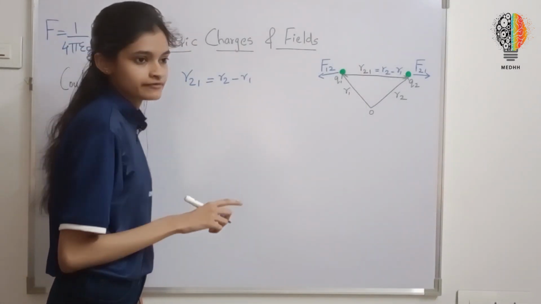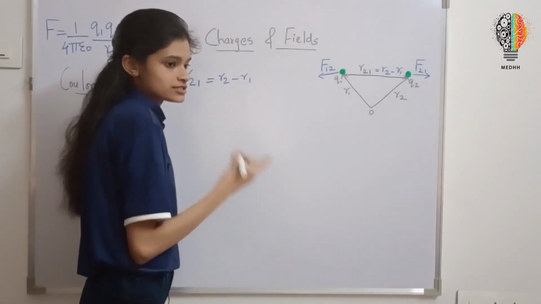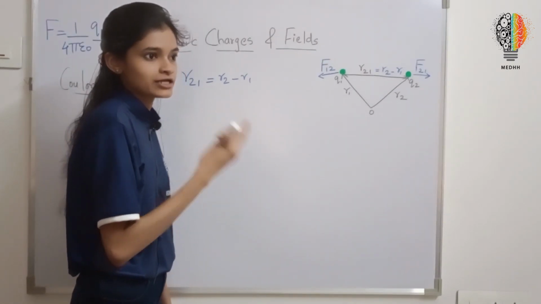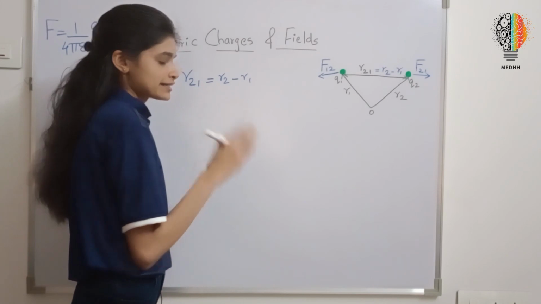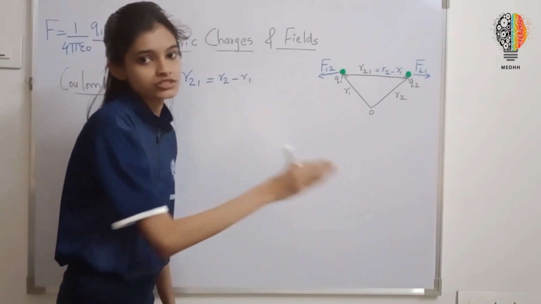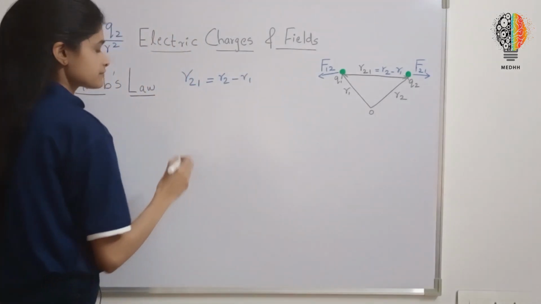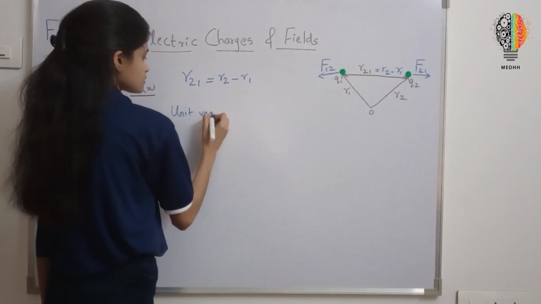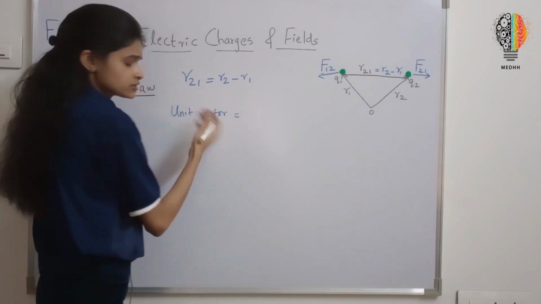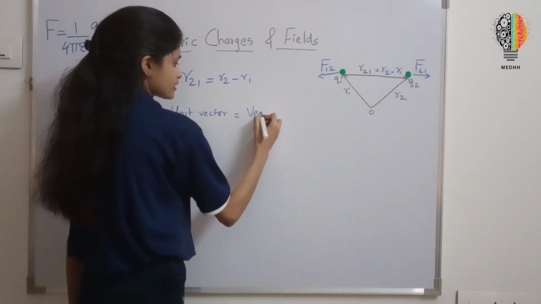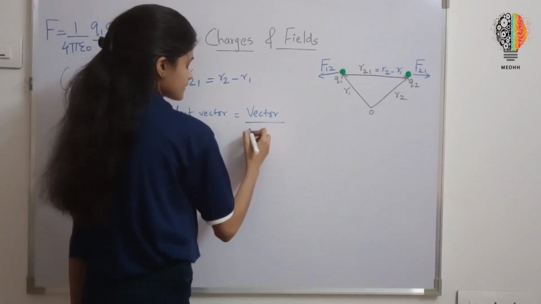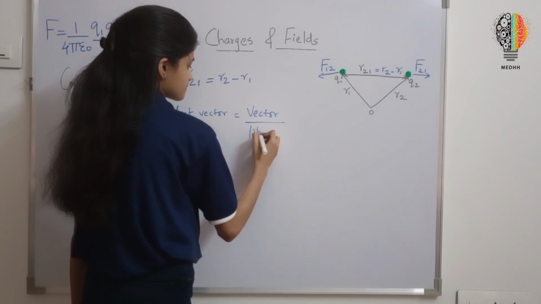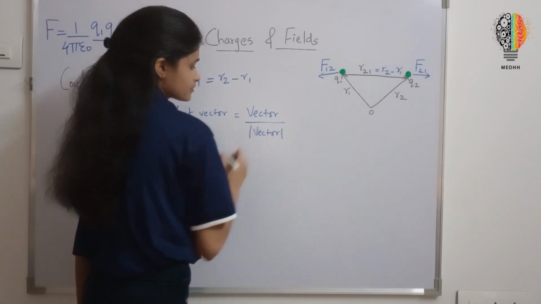The unit vector is necessary because it helps us identify in which direction the force is applied. So what is the formula for unit vector? For any vector, the unit vector is the vector itself upon the magnitude of the vector, right?